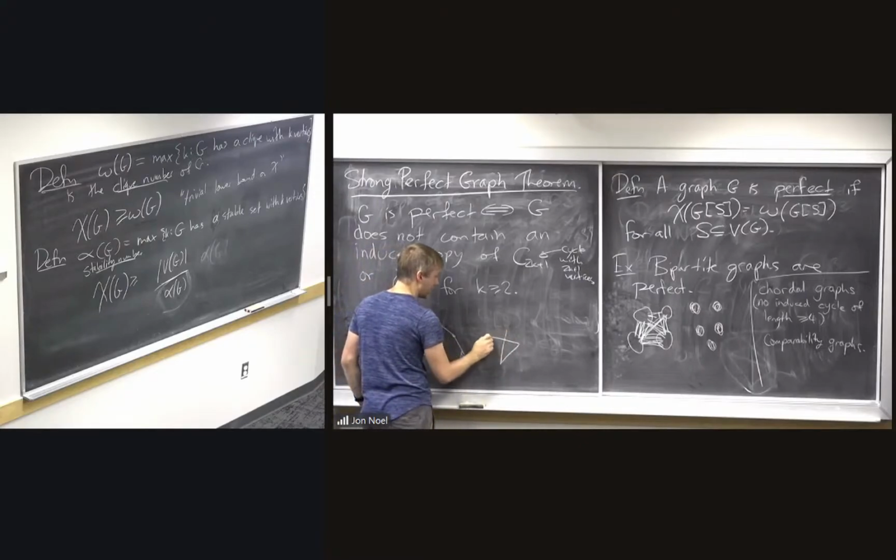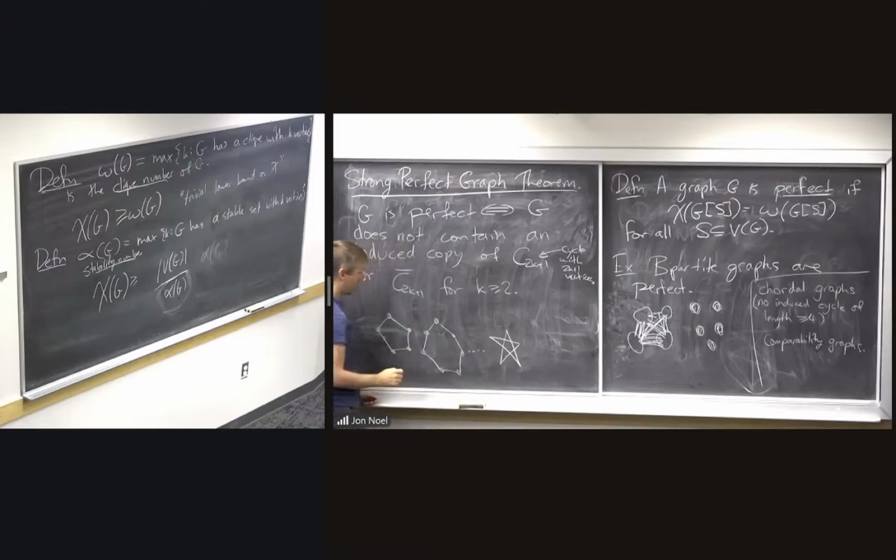What do you mean by non-induced 5 cycle? Like if you see 5 vertices that look exactly like this, that's forbidden. If you saw 5 vertices where that edge actually is there, this is okay. It's a 5 cycle, but it's not an induced 5 cycle. Oh, not a subgraph, literally. Yeah, you induce it on some set of vertices.